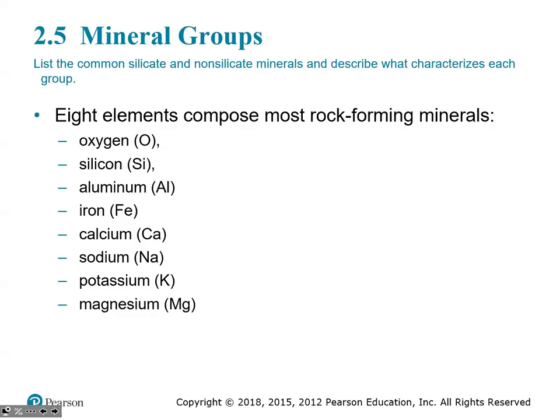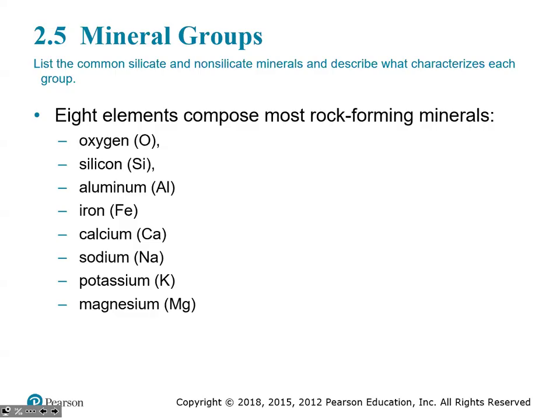So silicon oxides, silicates, form the largest group of minerals. Then aluminum, which is common in many minerals, iron, calcium, sodium, potassium, and magnesium. Those are the most common elements in minerals. So most rock-forming minerals are formed from these 8 elements, mixtures of these 8 elements.